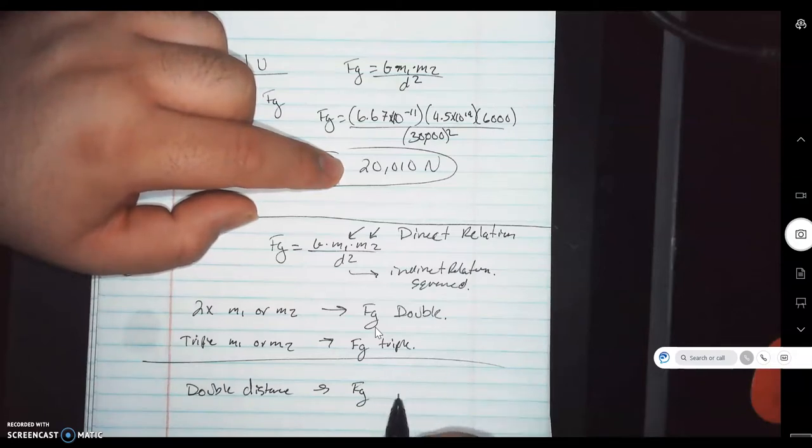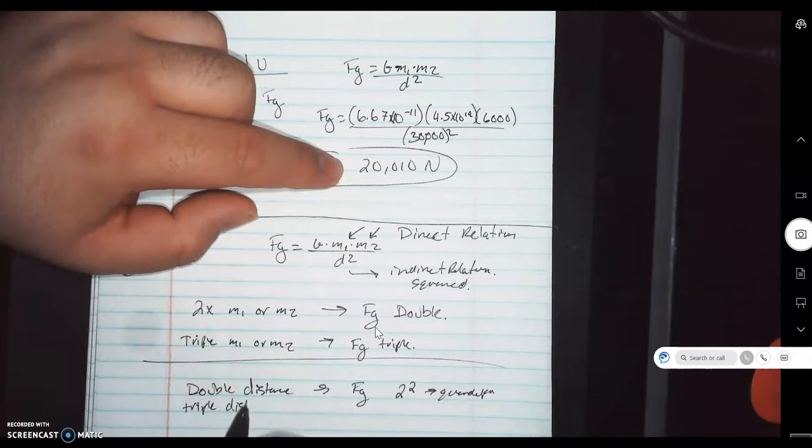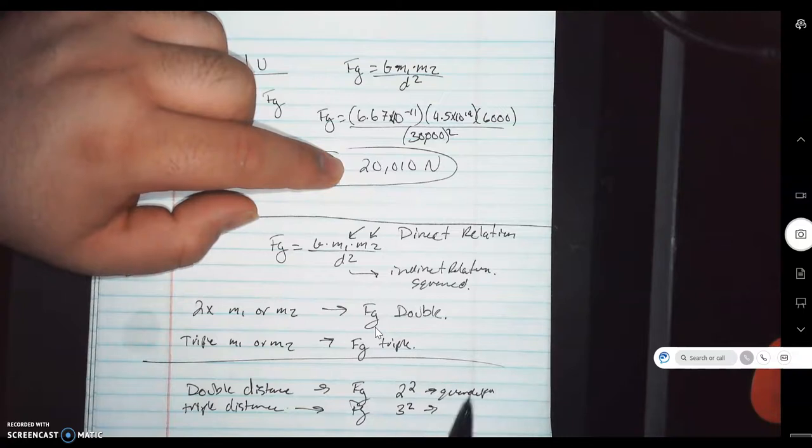So if you think about doubling, it's a factor of 2. Make sure you square that, so it's actually going to quadruple. If you triple distance, then FG is going to change by a factor of 3 squared, which is a factor of 9.